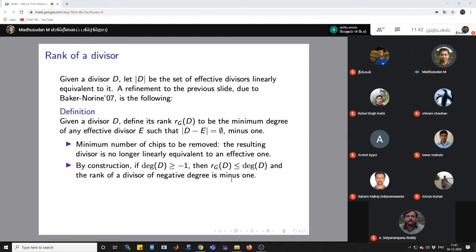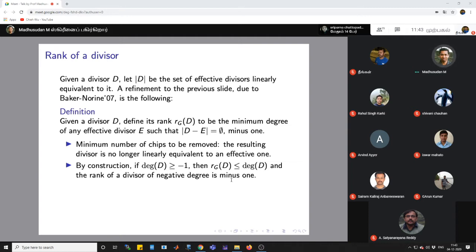Because the degree of D is greater than or equal to minus 1, there will be such an effective divisor, and if you subtract it from D, so if you look at D minus E, it will have negative degree, and so it will definitely have empty linear system.